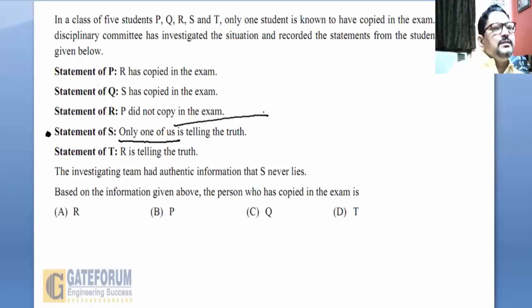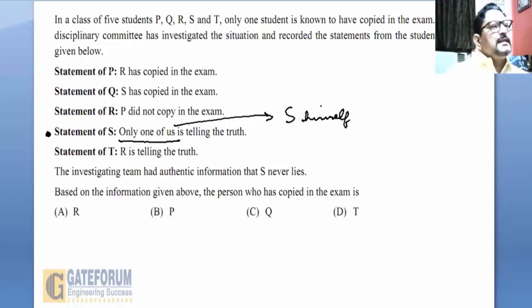It must be S himself, right? Because we all know that S never lies. So if S is saying the true statement that only one of us is telling the truth, that one must be S himself. Now, what have they asked? Based on the information given above, the person who has copied in the exam is who?